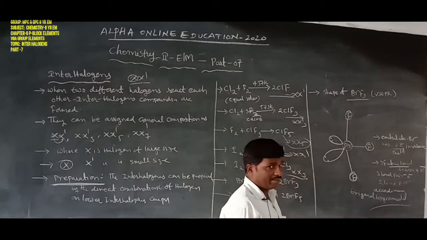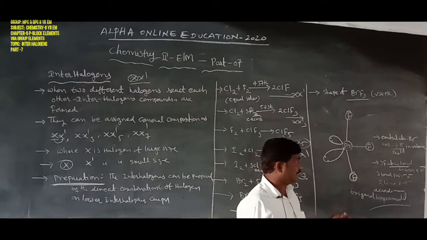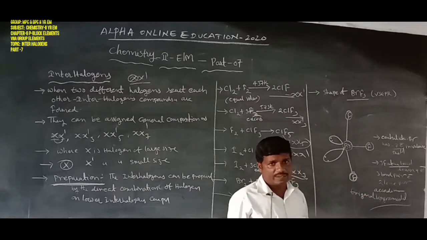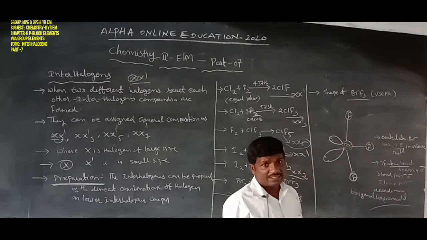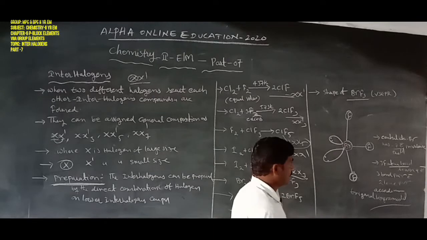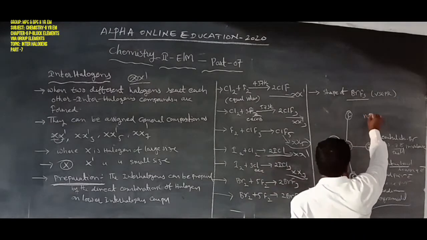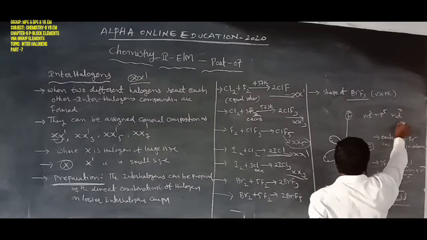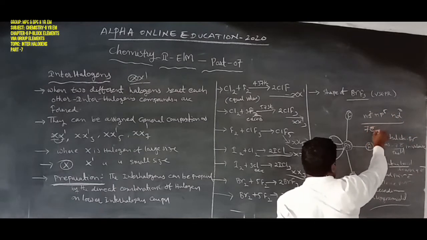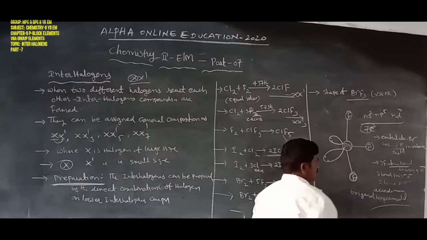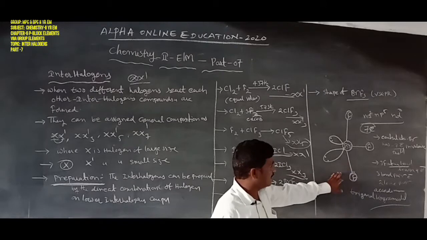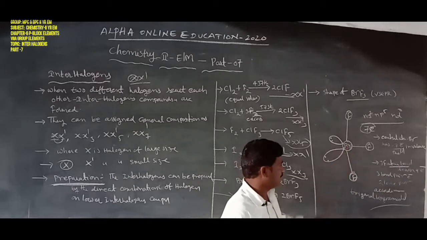In the central atom, bromine has 7 electrons in the valency shell. Bromine belongs to group 7A, whose general electron configuration is ns2 np5 nd0. The outermost shell consists of 7 electrons, so bromine has 7 electrons in the valency shell.